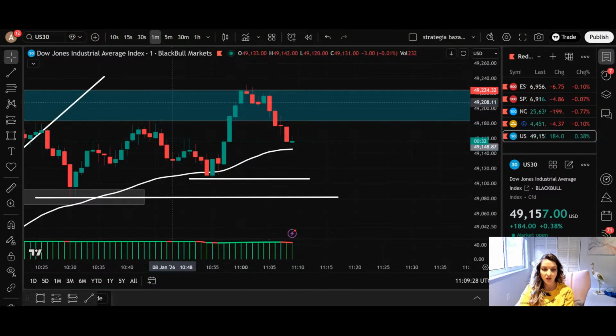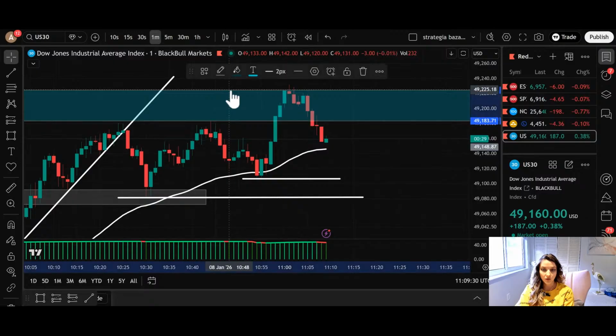But this area is dangerous. That's why I mark it with blue. 49, oh, so here. That's not bad. It's great. This, 49-11 here.